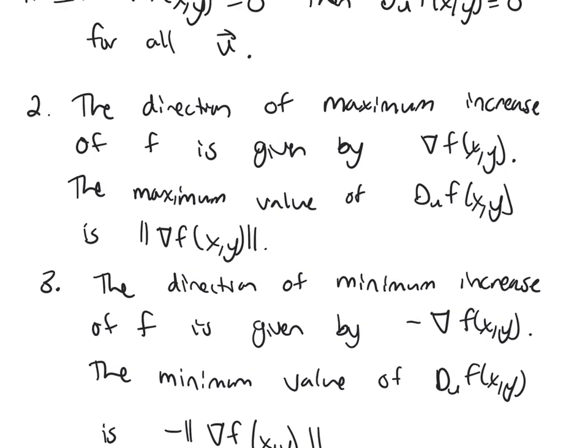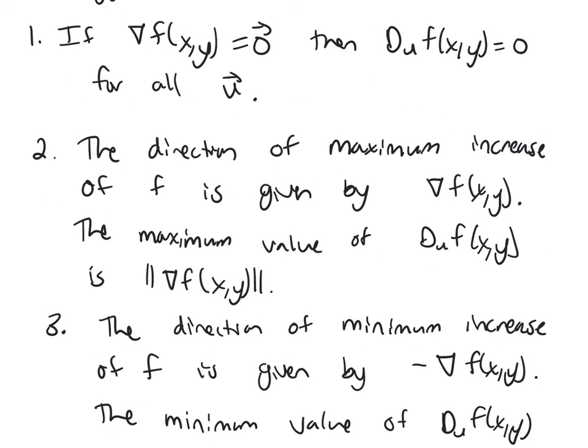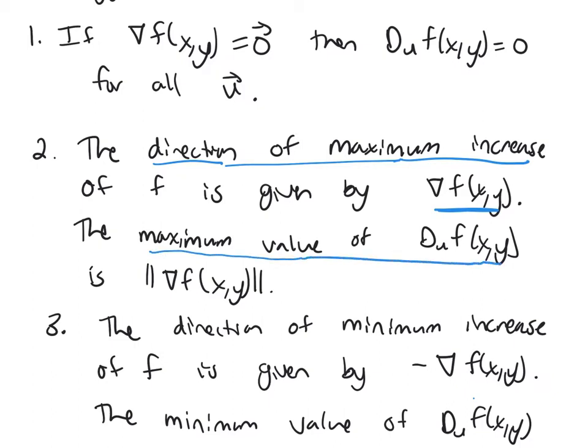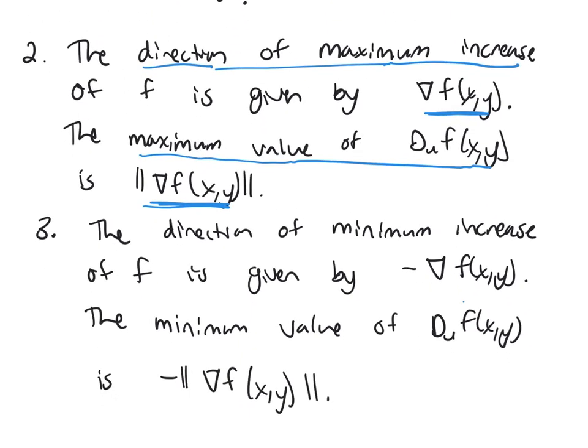So just to recap those last two, the direction of maximum increase is given by your gradient. And if you want to know the maximum value of your directional derivative, it's the magnitude of the gradient.